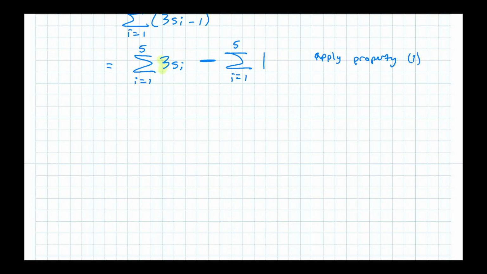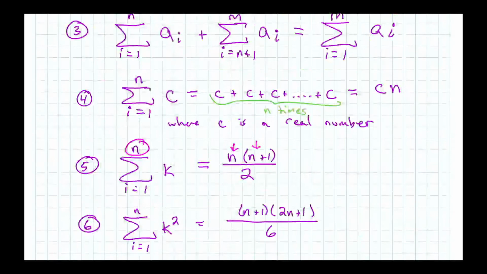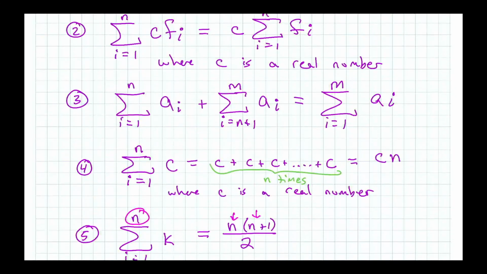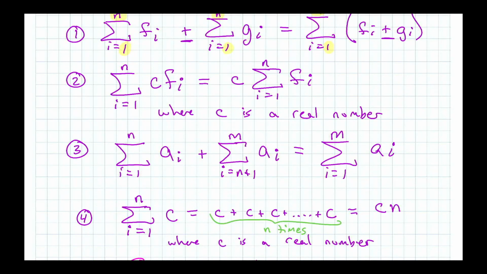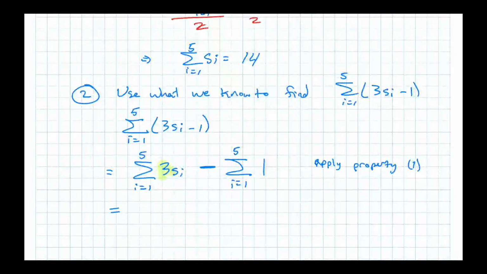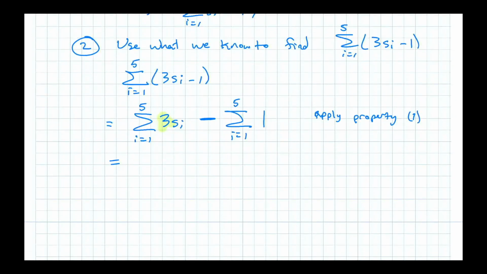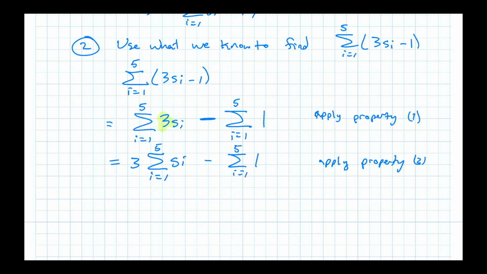We also have this number here that can come out using property 2. Right, the number can come out. So apply property 2. You take the 3 out: 3 times the sum as i goes from 1 to 5 of si, minus the sum as i goes from 1 to 5 of 1.